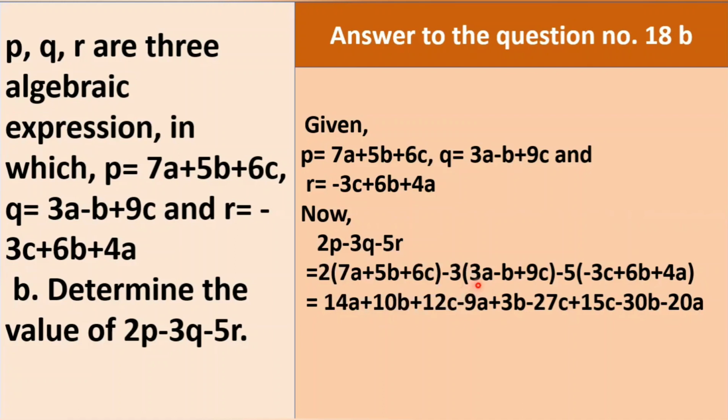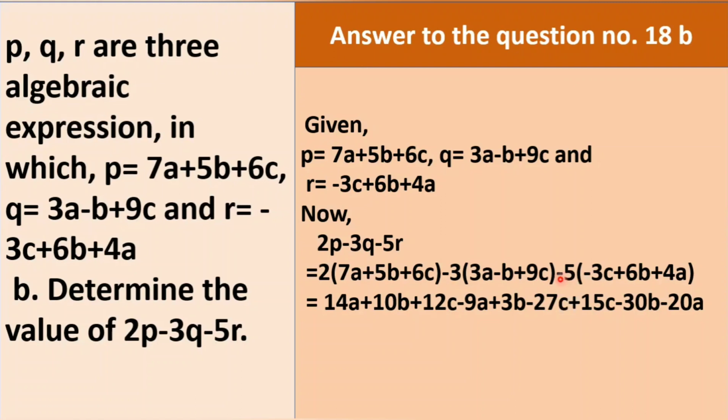Inside bracket before 3a there is no sign, means there is an invisible plus sign. So plus and minus makes minus. 3 multiplied with 3a is 9a. Minus and minus makes plus. 3 multiplied with b, it's 3b. Plus and minus makes minus. 3 multiplied with 9c, it's 27c.